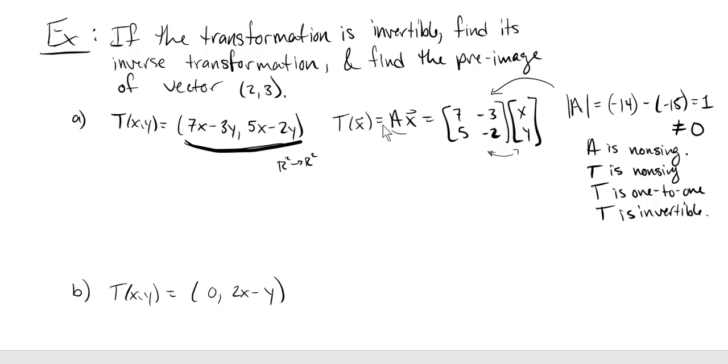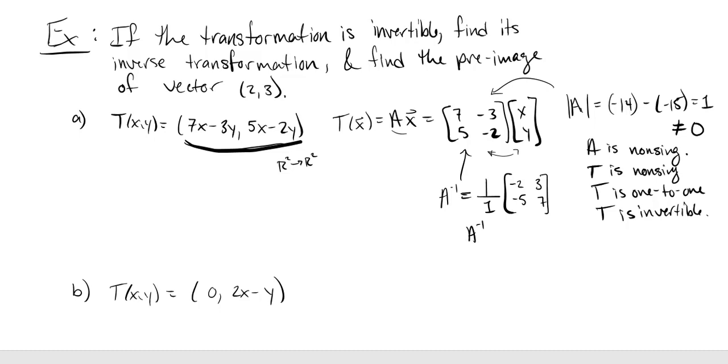Okay. So let's go ahead and find the inverse. Remember, the inverse is just defined by the inverse of the matrix A. So I need the inverse of that matrix. The formula for a 2x2 inverse is pretty easy. It's 1 over the determinant times the matrix where you swap the diagonals and reverse the signs on the off diagonals.